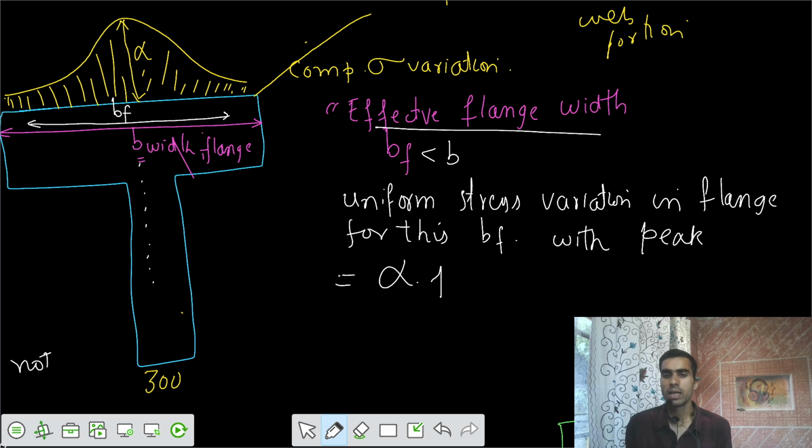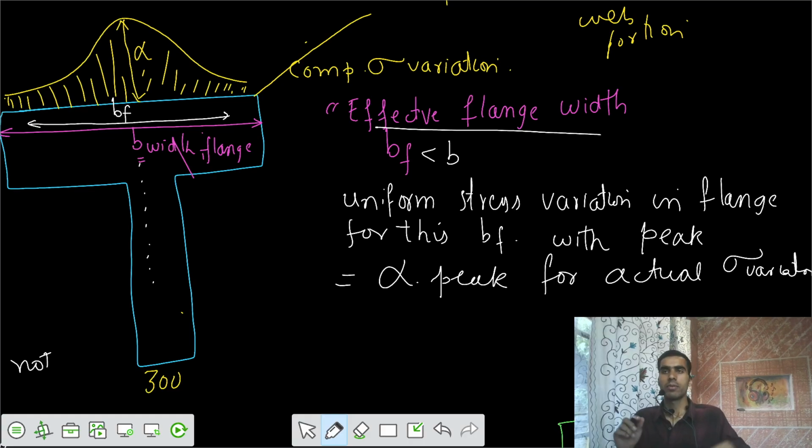That was the peak for the actual stress variation. So we say there's some effective flange width such that the compressive stresses are uniform in that particular width of the flanged beam, and that uniform peak equals the actual peak of the compressive stress variation of the flanged beam having width B. But we are reducing that B to some BF such that uniform stresses are developed on that flange.